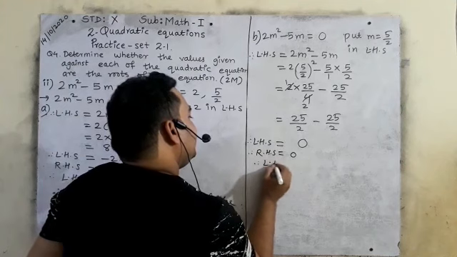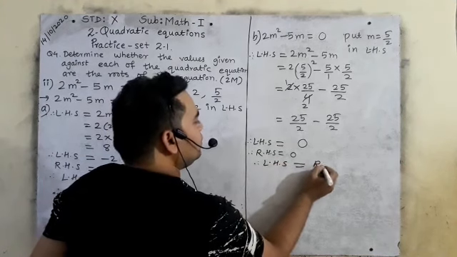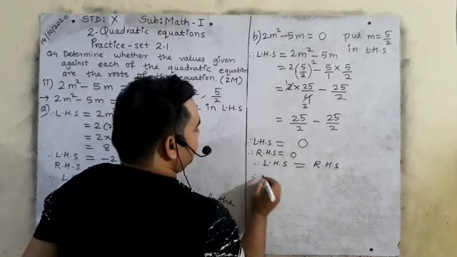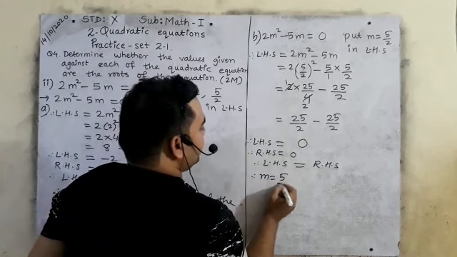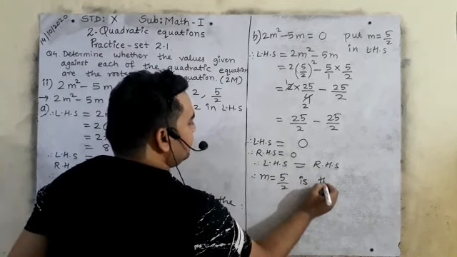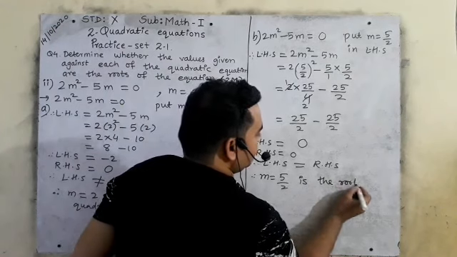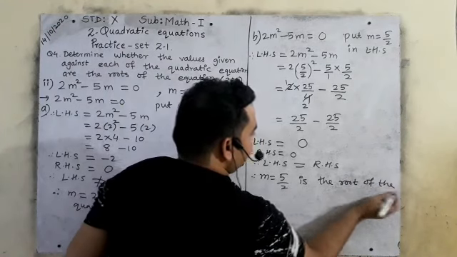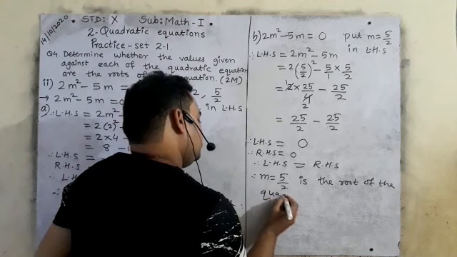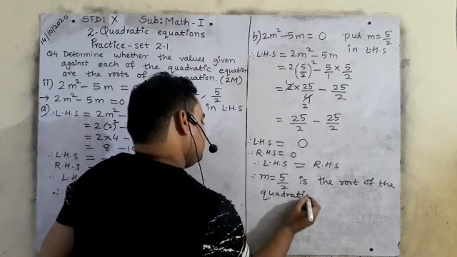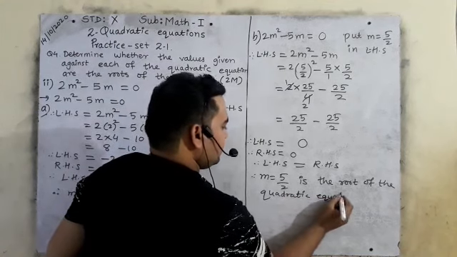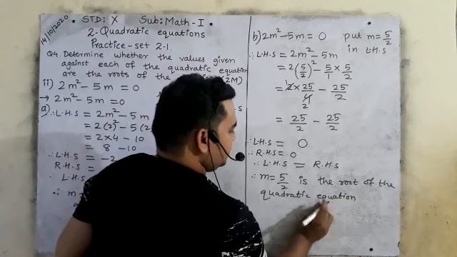Now you will write LHS is equal to RHS. Therefore m is equal to 5 upon 2 is the root of the quadratic equation. Is it clear?